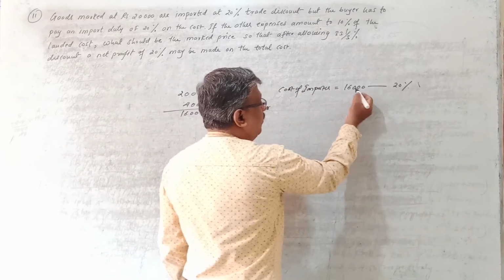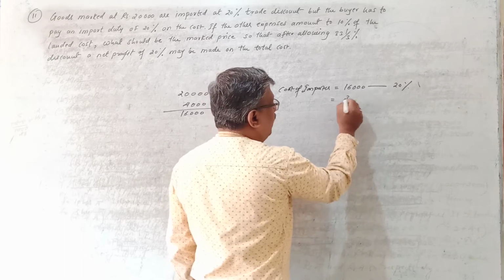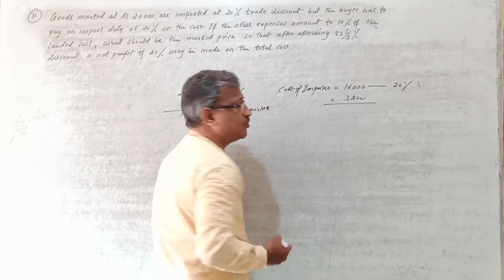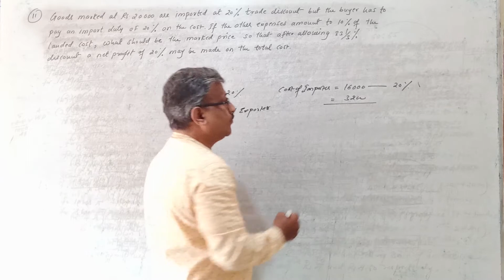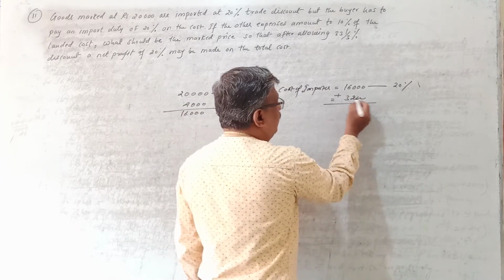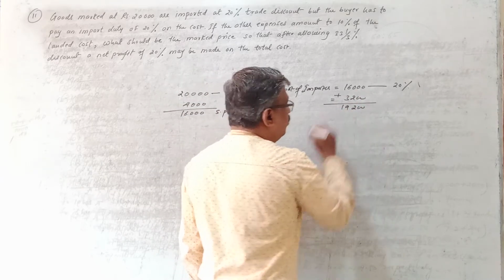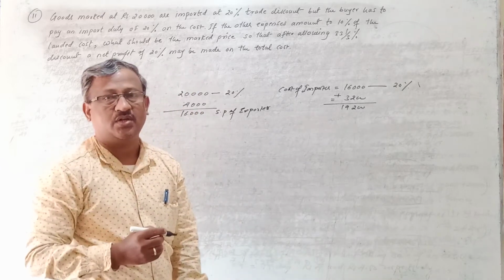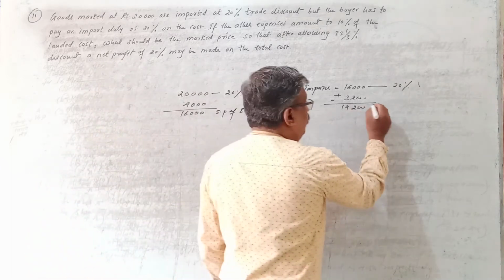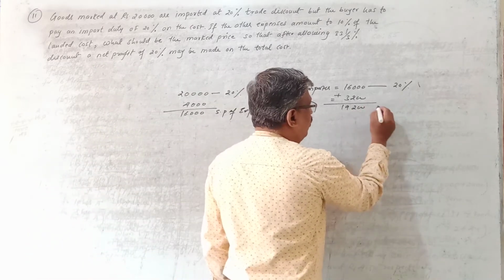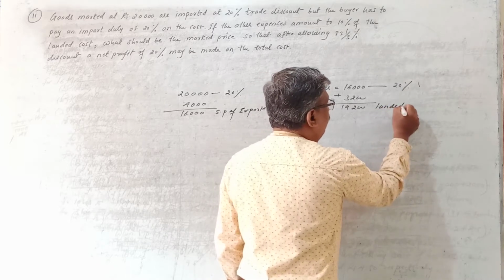So 20% you calculate on 16,000. So you get 3,200 rupees. This is called the import duty. So 16,000 plus 3,200 you get 19,200. 19,200 is the total cost, or instead of calling it total cost, you can call it the landed cost.